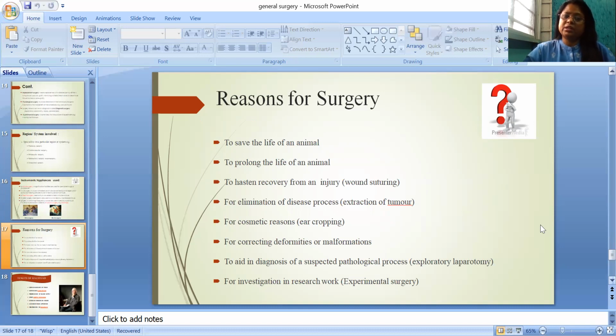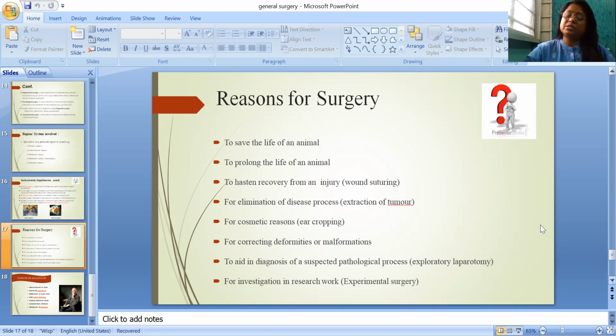To save the life of an animal, one example is accidental cases, profuse bleeding, or some injury in a body part. On that condition, you have to do surgery to save the life of the animal.